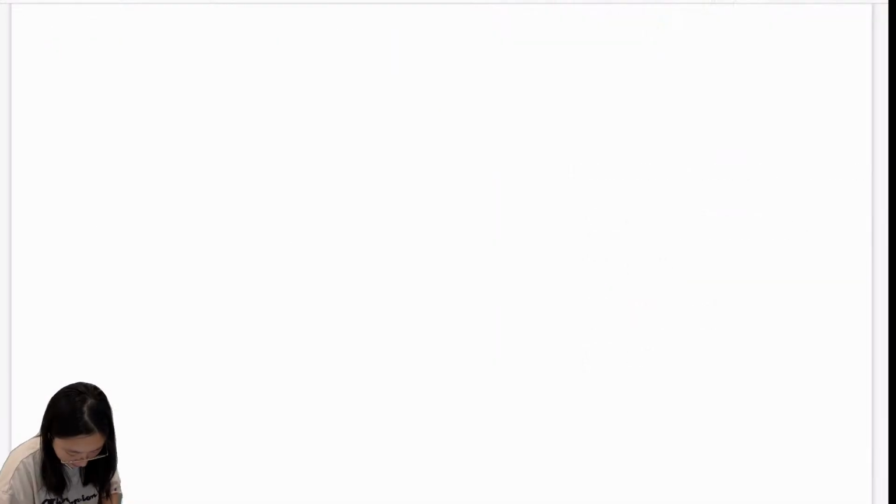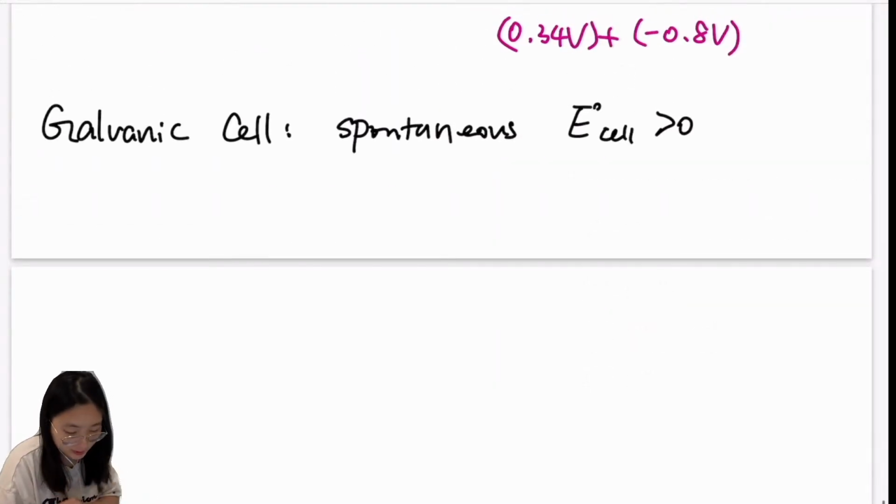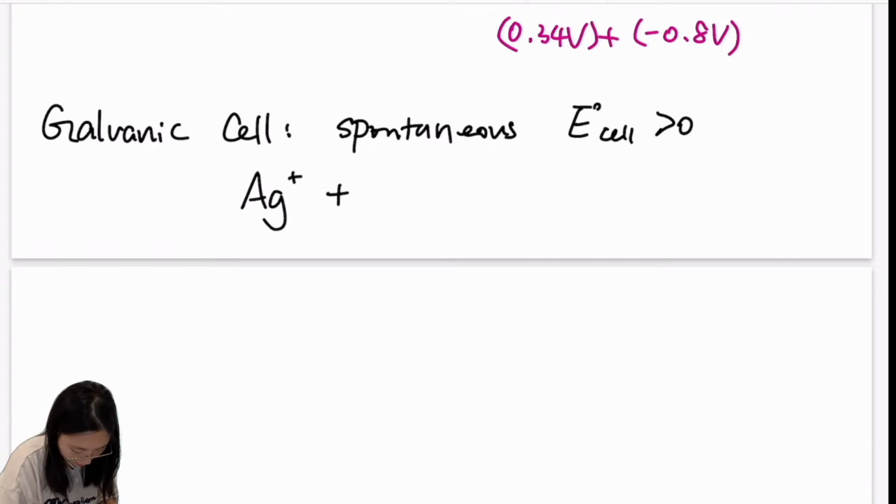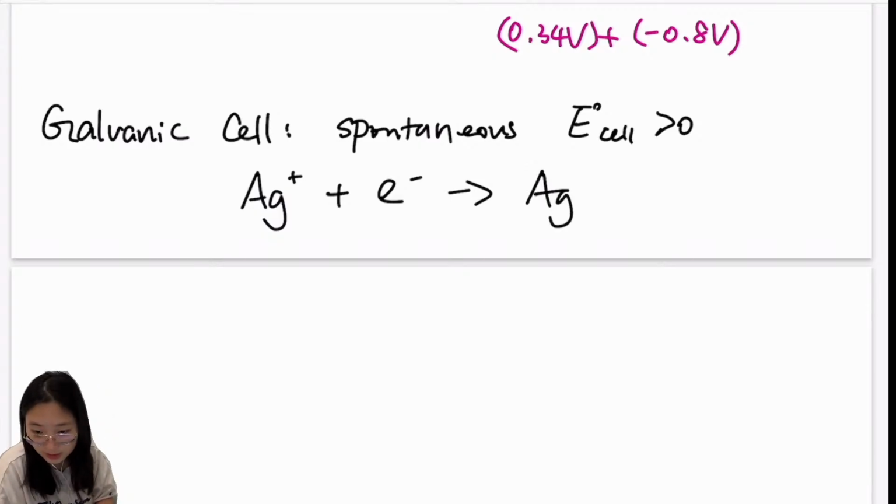Now let's see. First off, I will try to write down the reduction equation, the half equation, for both. For silver, this is the reduction for the silver cation, and that's positive 0.8 voltage.